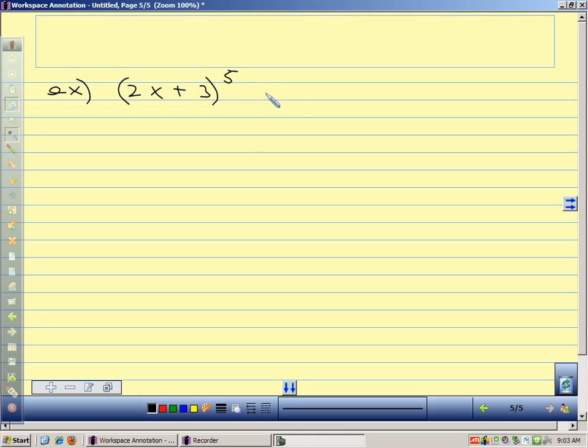But the binomial theorem tells us this is the sum from r equals 0 to 5 of 5Cr x to the 5 minus r y to the r.